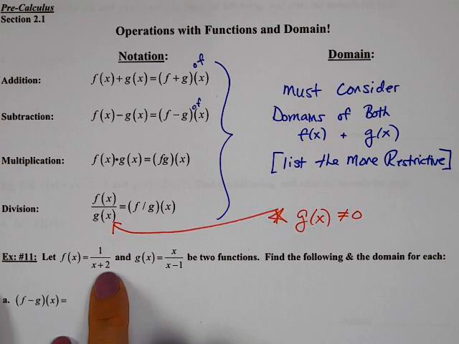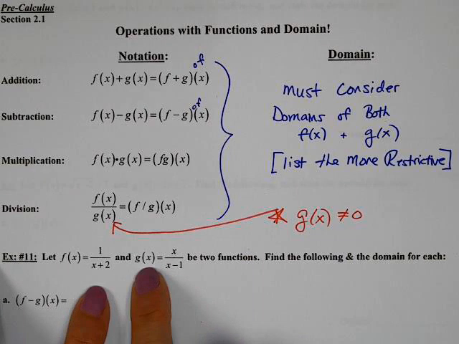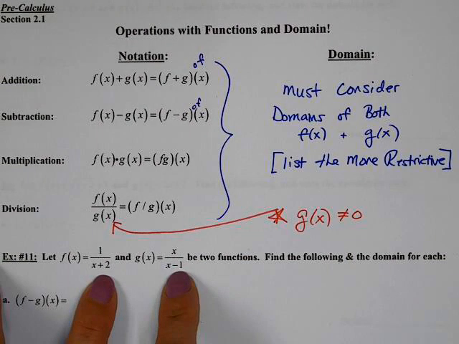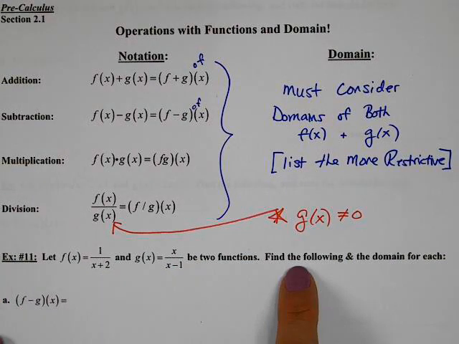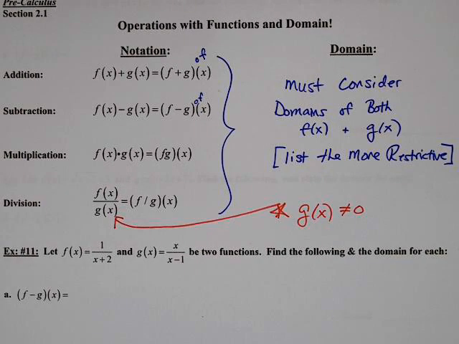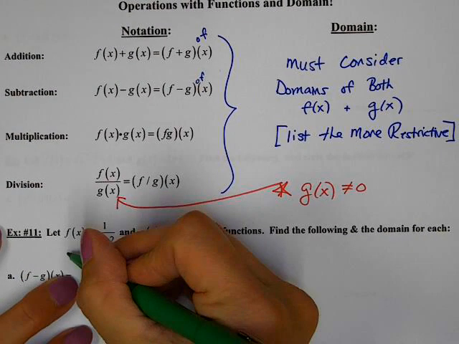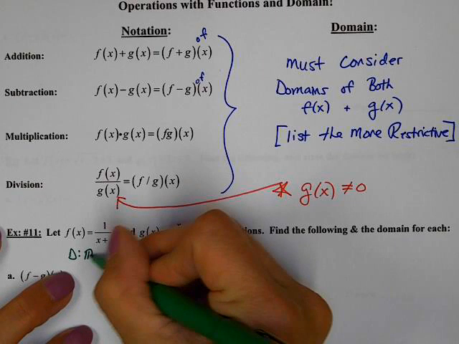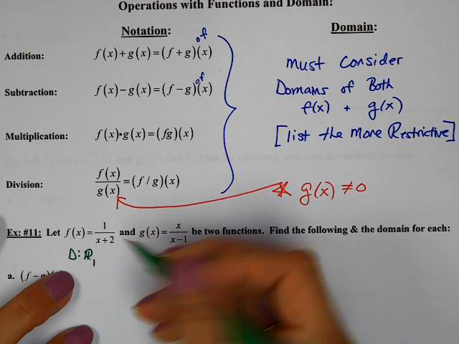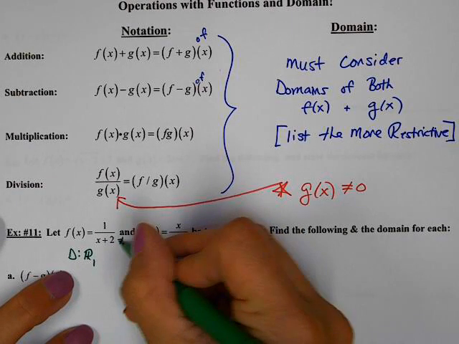F of x is this rational function, and g of x is this rational function. Find the following and state the domain. The first thing I'm going to do, it makes it really easy sometimes if I list the domains for f and g right underneath it. So for f, your domain is all reals except when you're in the denominator, you cannot equal 0.